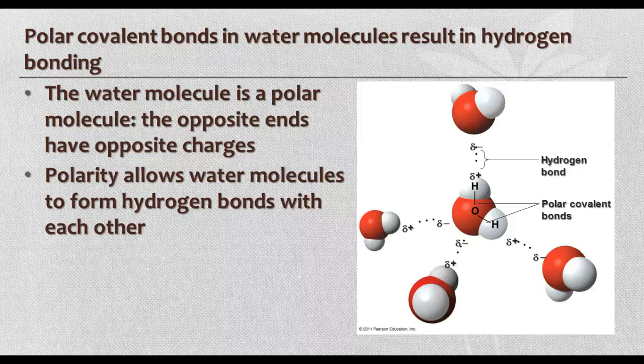One of the most important things about water that makes it so universal is the fact that there are polar covalent bonds within the water molecule. Remember, polar means that the opposite ends of the molecule have opposite charges. It's due to an unequal sharing of electrons between the components of the molecule. The oxygen atom is more electronegative and also more massive than the hydrogen atoms, and so it has a stronger attraction for those electrons, which end up spending more of their time around the oxygen part of the molecule than around the hydrogen part.